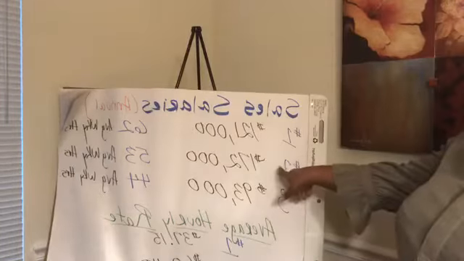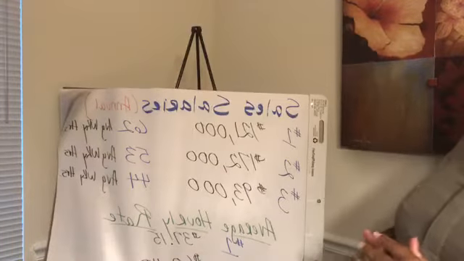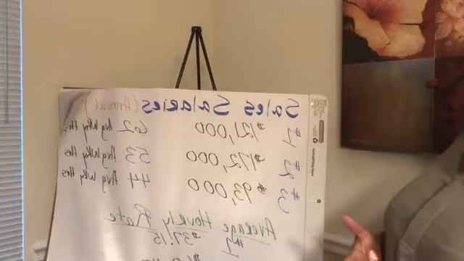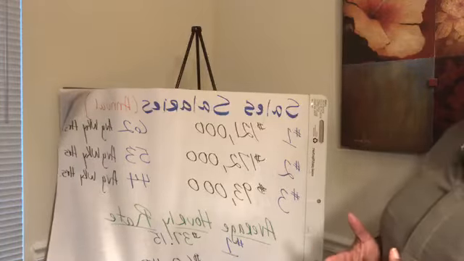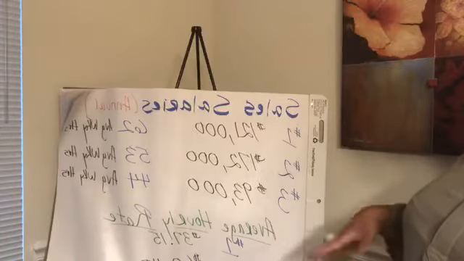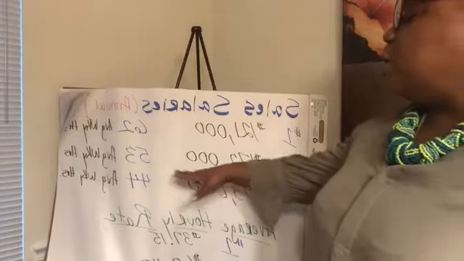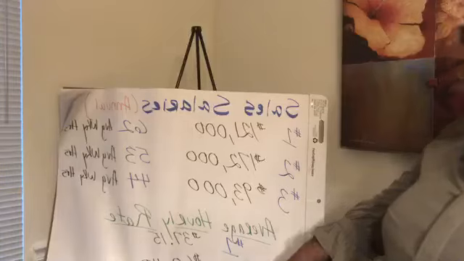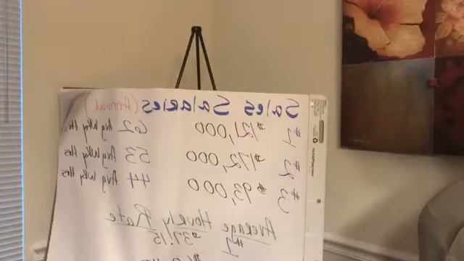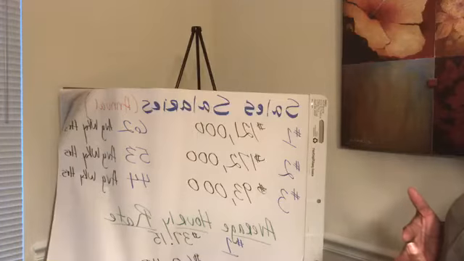Salesperson number 2, who's making $172,000 and working an average of 53 hours a week, is making about $62.40 an hour. And salesperson number 3, who is making about $93,000 a year, working about 44 hours a week, averages out to about $40.64 an hour.